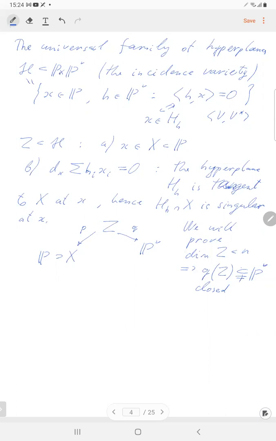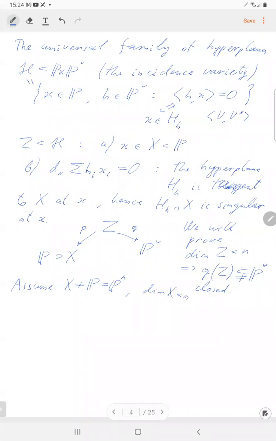Now, let's assume that our original X is not the whole of projective space. Otherwise, there is nothing to prove. And so the dimension of X is smaller than n.